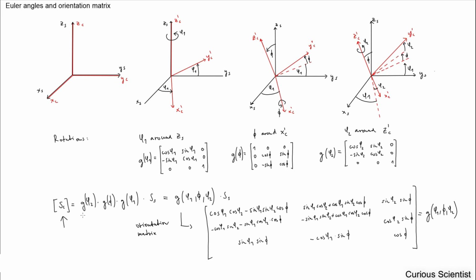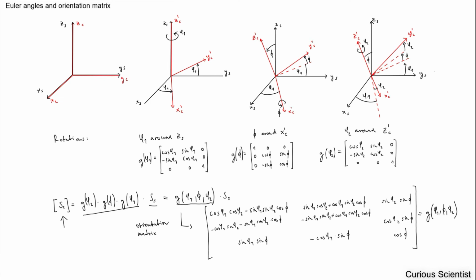We multiply these together, and this big 3x3 matrix is basically an operator, which can be applied to either a matrix or a vector. So now this is a vector. We apply the matrix on the vector, and at the end we get back the SC.